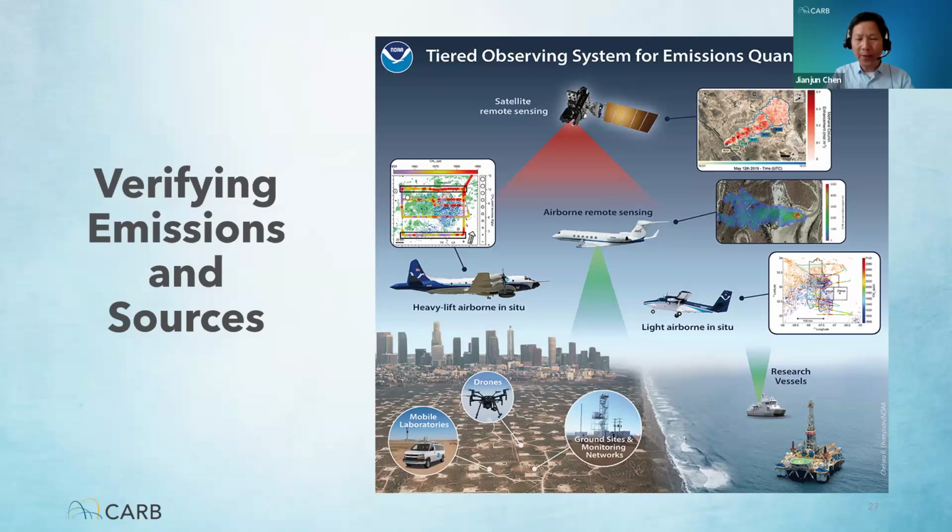During special field campaigns, aircraft and ships are deployed to provide observations above ground and over water that are typically not covered by the regulatory network. During field campaigns, research-grade instruments are utilized to provide detailed measurements that routine monitors can't provide. Finally, satellite-based instruments provide measurements with broader spatial coverage for specific pollutants.